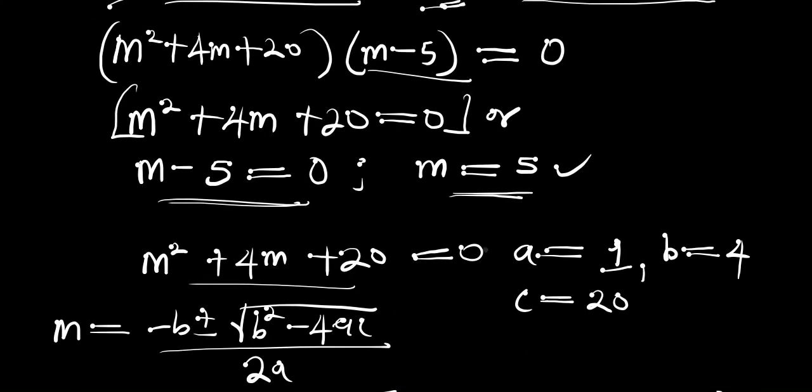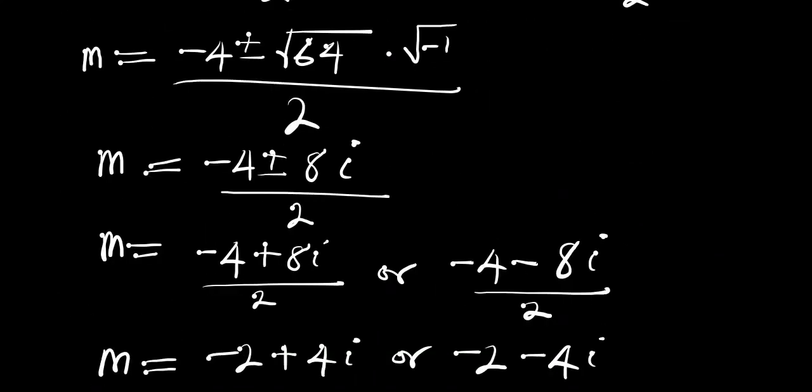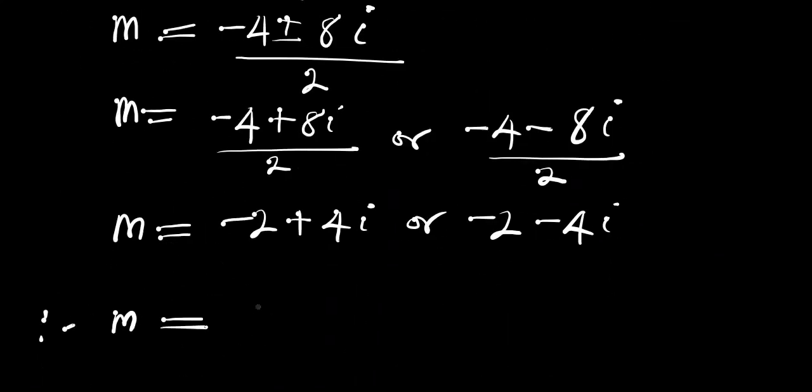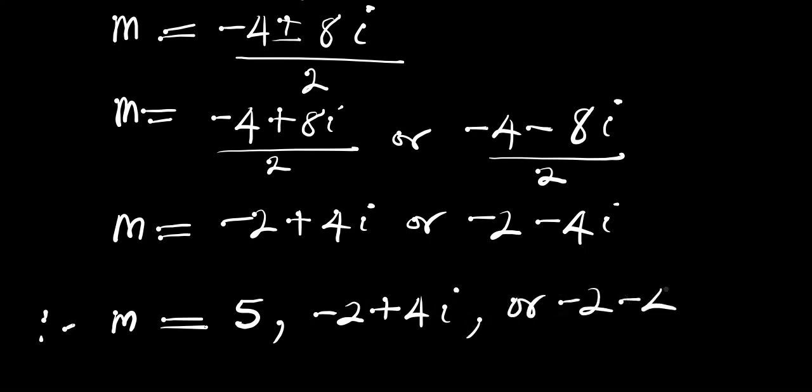This is the only real solution, 5, so we take note of that. We have m equals 5, m equals negative 2 plus 4i, and m equals negative 2 minus 4i. So this is it for the video.